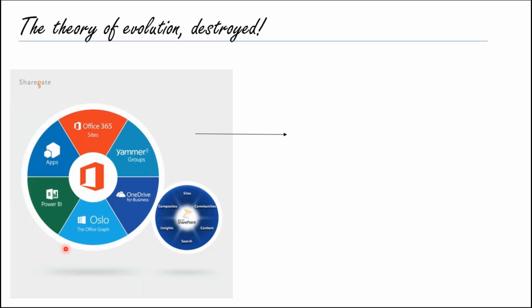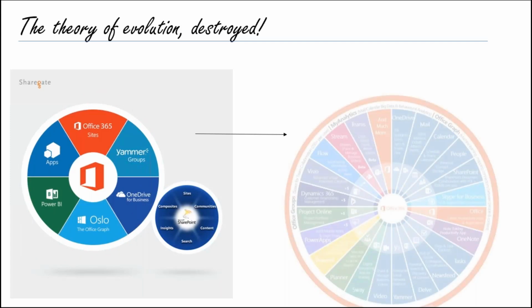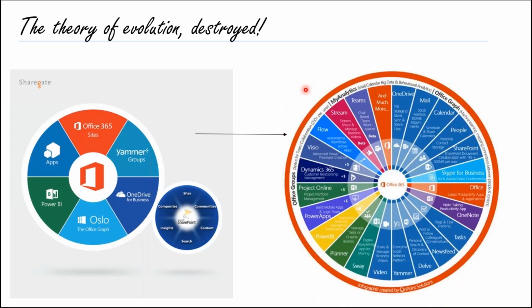But this wheel was the first wheel of Office 365, where you had the Office 365 sites, you had the Yammer groups, OneDrive, Oslo, which is like Delve today, Power BI, and apps. All of these were the first baby steps of Office 365. Then we got this wheel, right? Office 365 grew up.